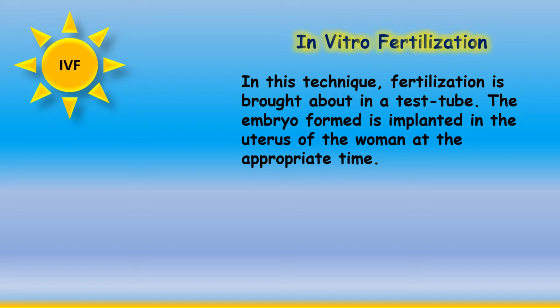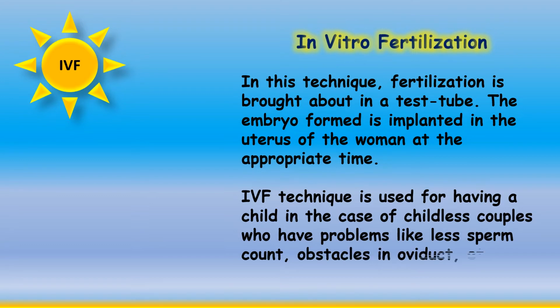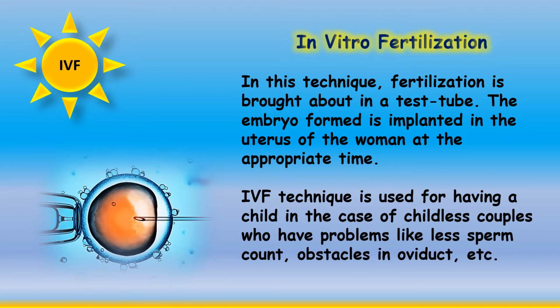So this is not natural fertilization of the sperm and the oocyte, but it is brought about in a test tube artificially, and then the embryo formed by fertilization of male and female gamete is taken and implanted into the uterus of the woman at the appropriate time. This technique is used for having a child in the case of childless couples who have problems like less sperm count, obstacles in the oviduct, and other problems.